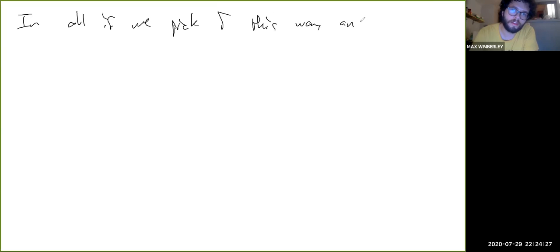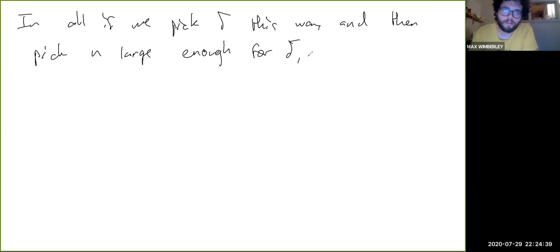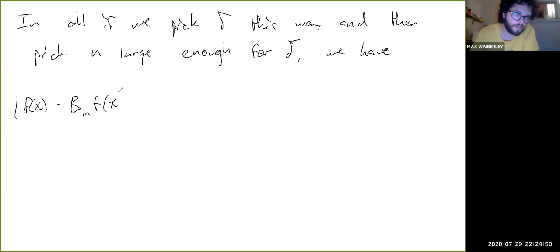So in all, if we pick delta this way and then pick n large enough for delta, we have that f(x) minus Bn f(x) is approximately this whole thing.